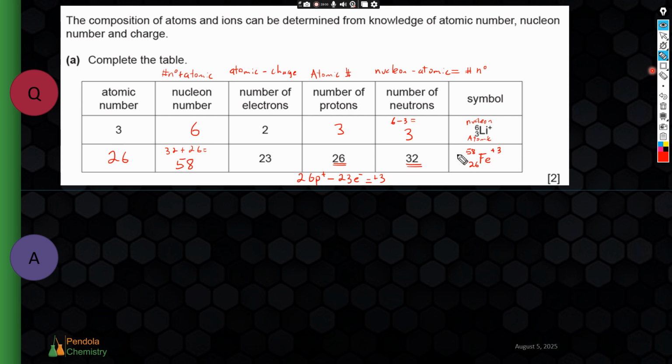And do use your logic; do not rely just on memorization. We have 3 more protons, which are positively charged, than we do electrons, which are negatively charged. If we have more positive charge, the ion should be positive, and because it's 3 more, it should be positive 3. That will give you the charge.